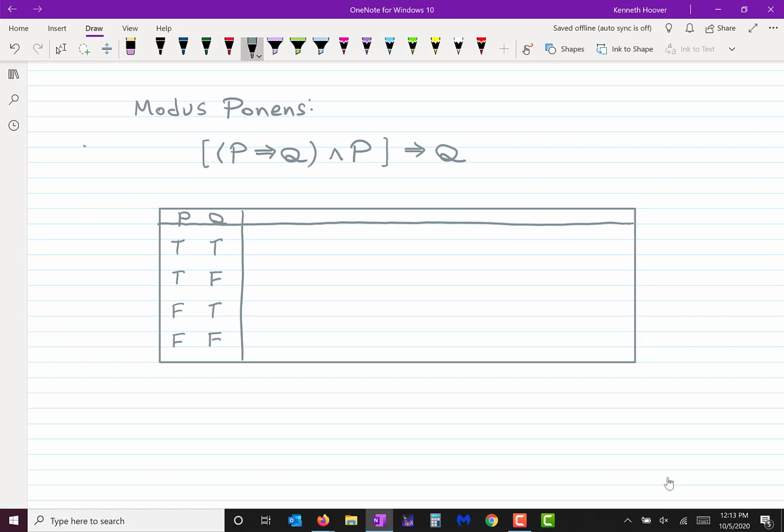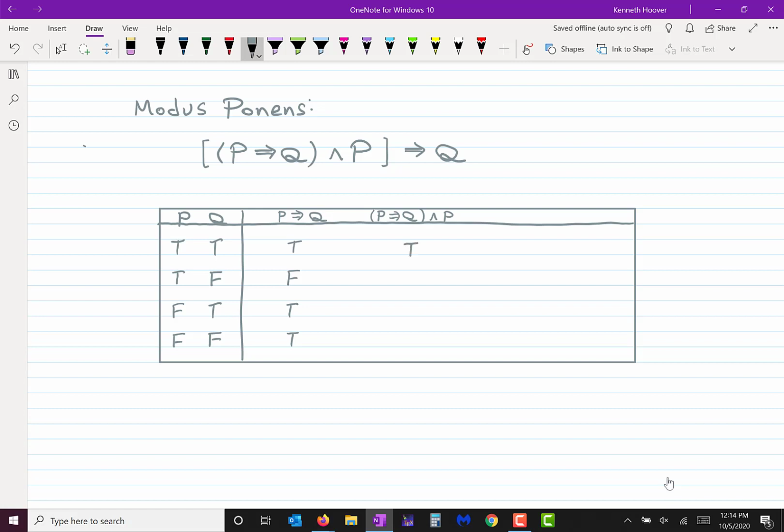All right, so let's make a column for P implies Q. What would that look like? That would look like this. Now let's conjoin that with P. What would that column look like?